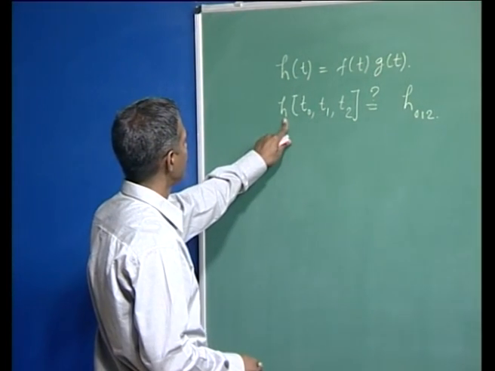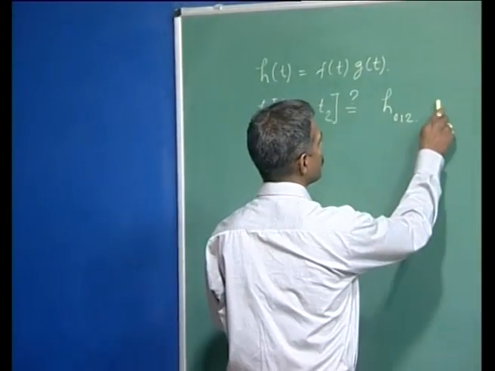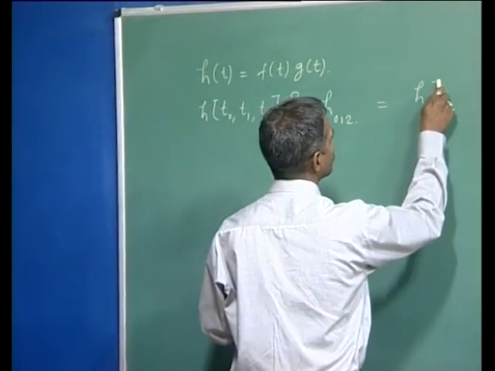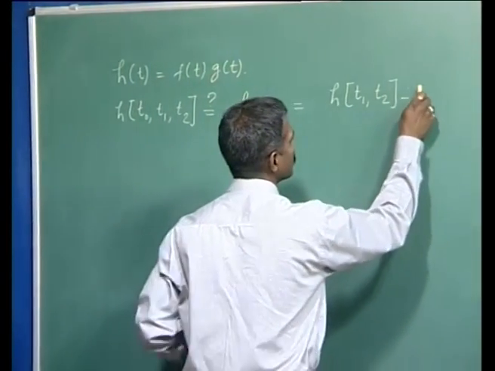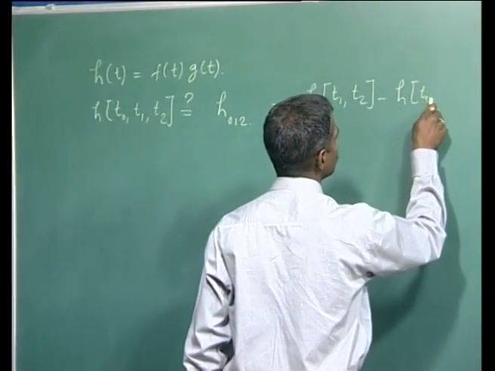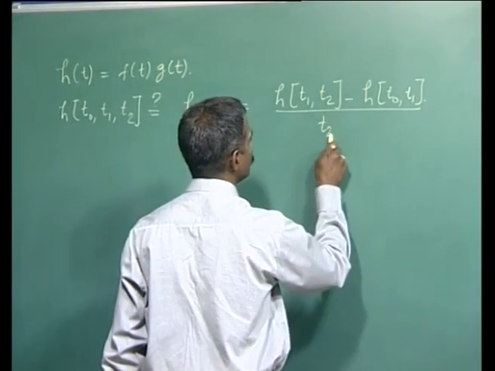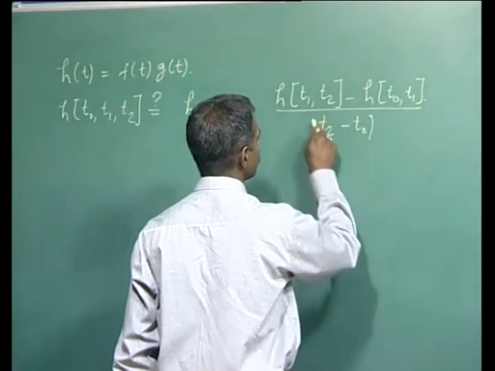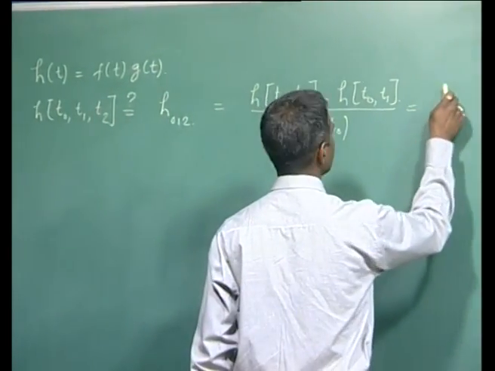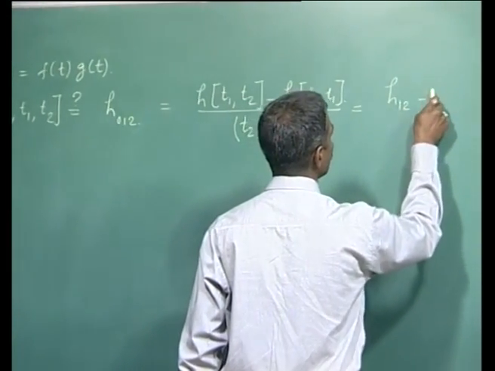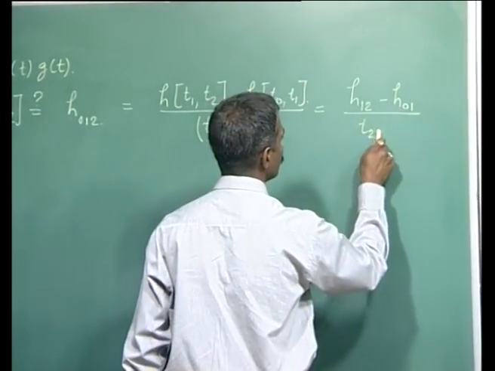Now, by definition, h_012 is equal to h[t1, t2] minus h[t0, t1] over t2 minus t0. Using the shorthand notation, this is h_12 minus h_01 over t2 minus t0.